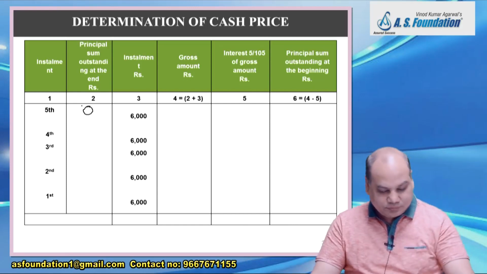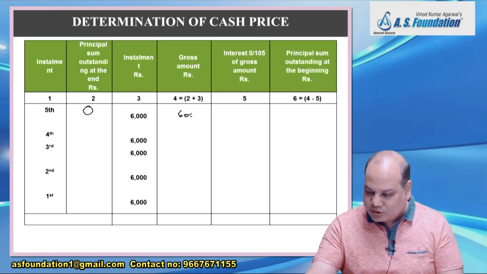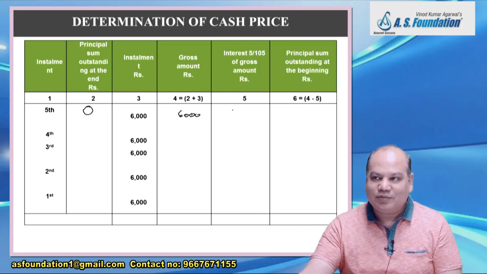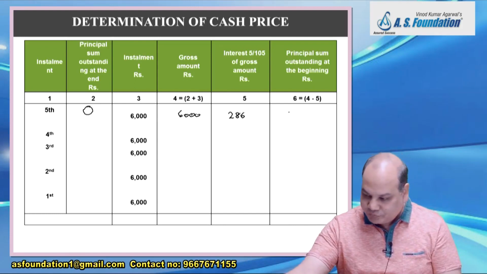Installment is 6,000. Take your calculator. 0 plus 6,000 into 5 by 105. Interest 286, balance 5714.